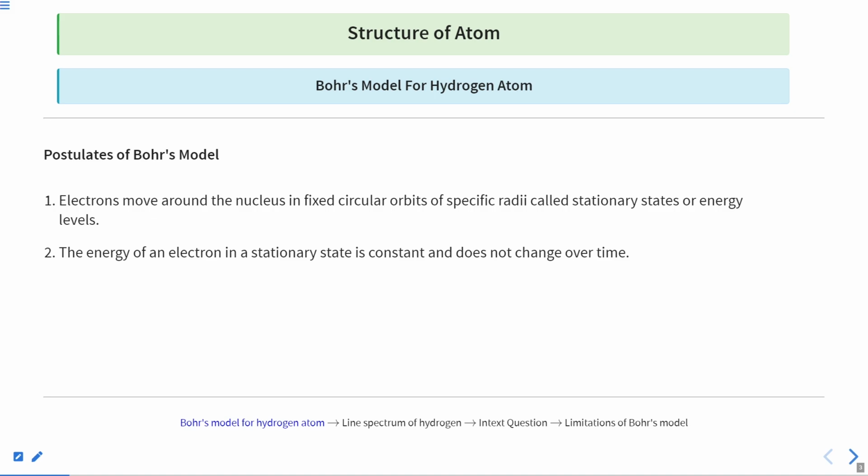Rutherford didn't say anything like this: since the electron's velocity is changing because of the change in direction, the particle will continuously emit energy and decay. But Bohr said we will make some stationary states, and these are such that there will be no change in energy with time. Clear? So due to that, they will not decay.